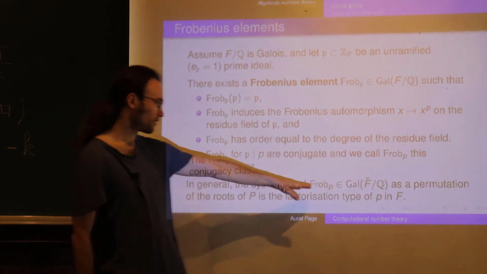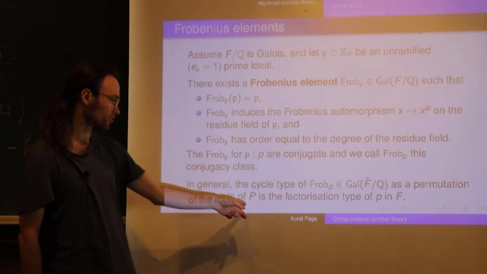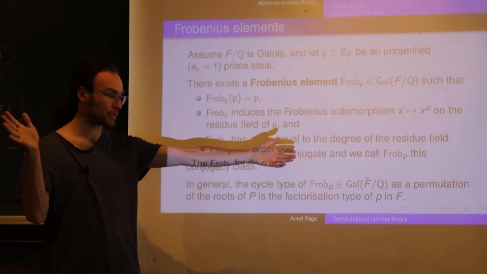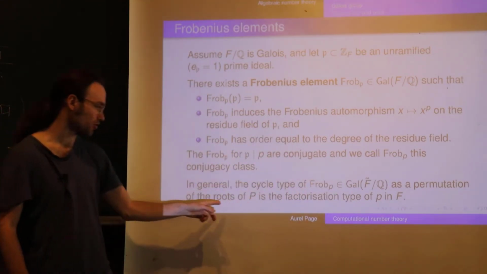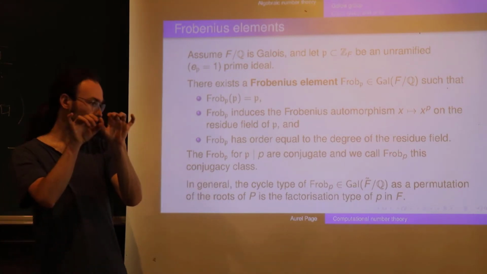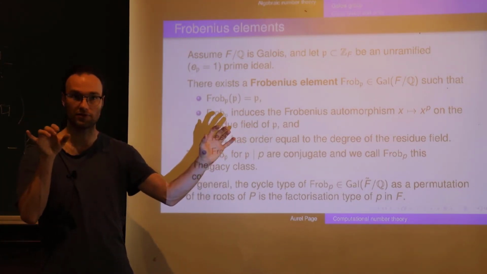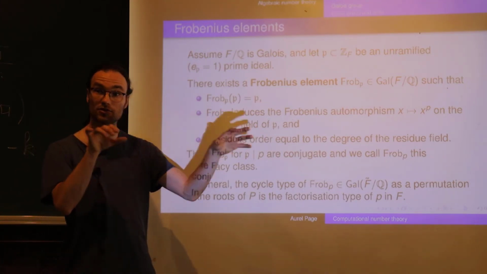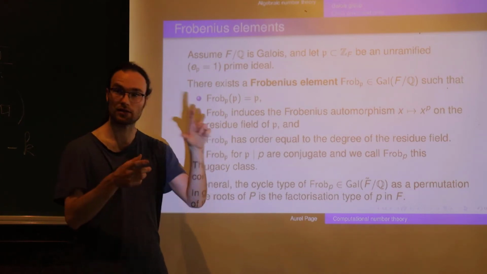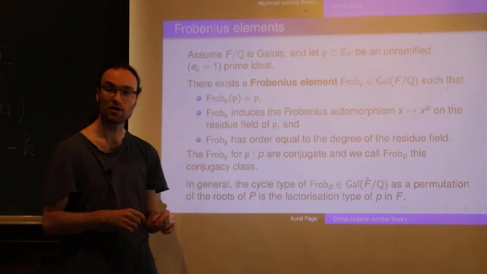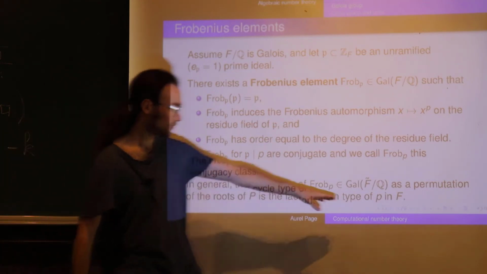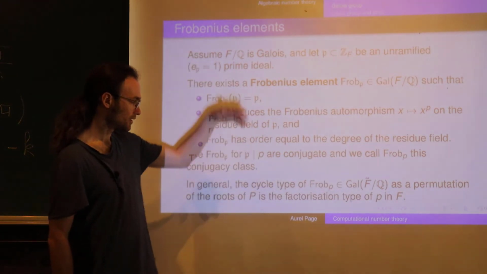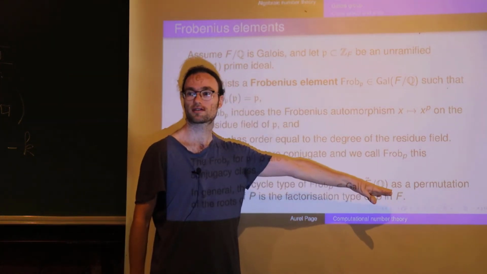So you can think of Frob_P as being a permutation of the roots of P. And if you look at the cycle type, I mean the orbits of the action of these Frobenius elements on the set of roots, that's exactly the same as the factorization type of P. So there are as many orbits as the number of prime ideals that divide P, and the lengths of the cycles are exactly the residue degrees. And that's really inside of F, the field that is not Galois. So these Frobenius elements tell you something about the field even if it's not Galois.